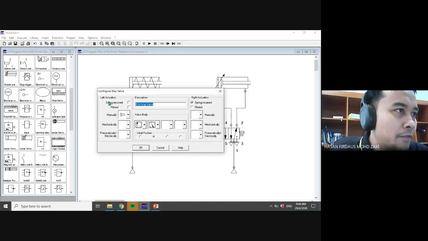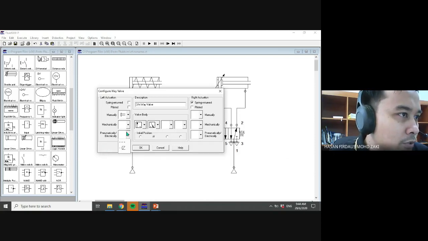Left actuation here, you can either make it spring return, or you can give it manually, the push button and so on. Mechanically, similar to manual, you have this roller lever, or you can also make it electrically.